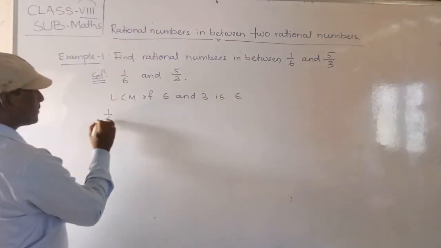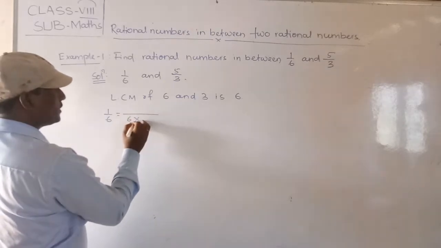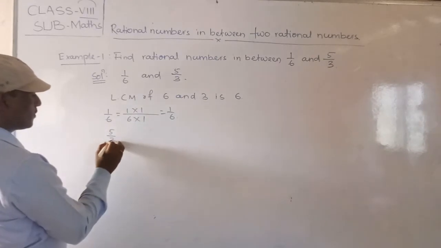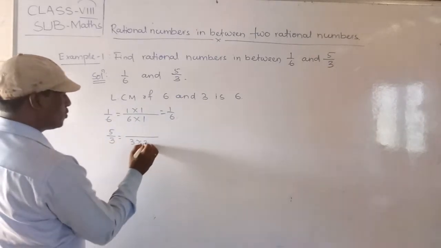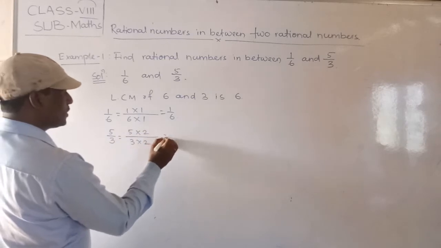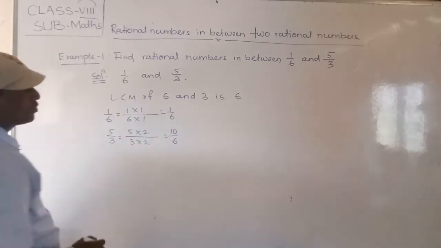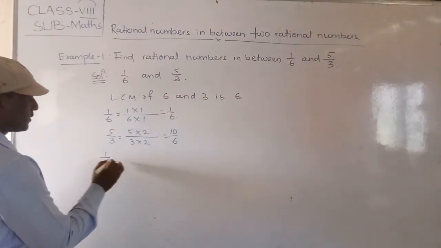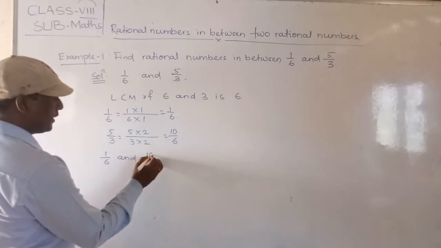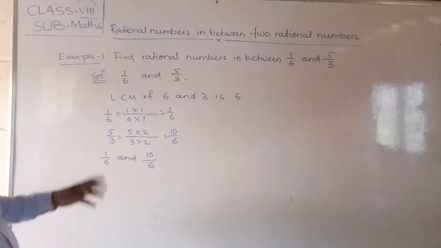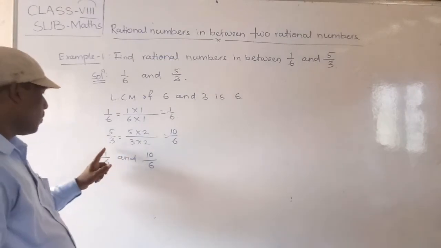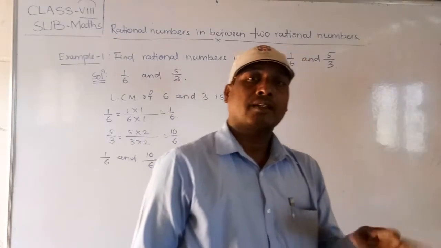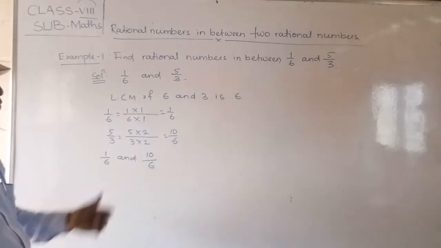So 1 by 6 is equal to 1 by 6. 5 by 3 is equal to 5 into 2 by 3 into 2, which is 10 by 6. Now both denominators are the same, one is 1 by 6 and the other is 10 by 6. So the rational numbers will lie between 1 and 10, that means 2, 3, 4, 5, 6, 7, 8, 9. Those rational numbers are between these two rational numbers.